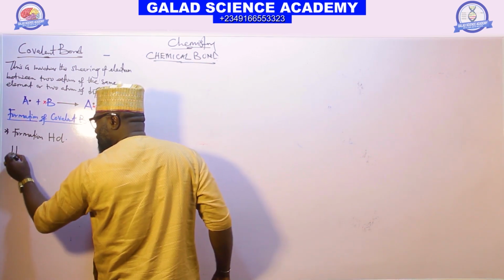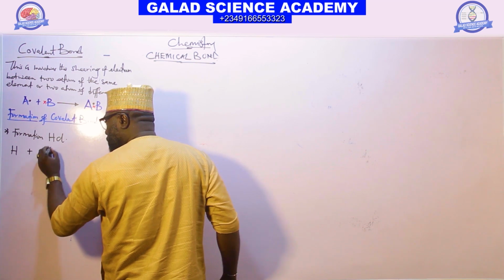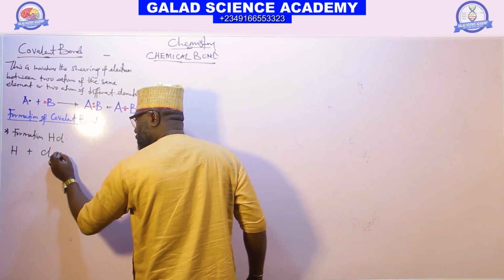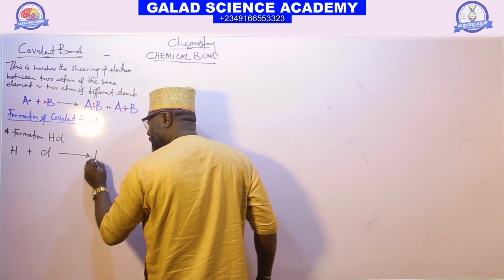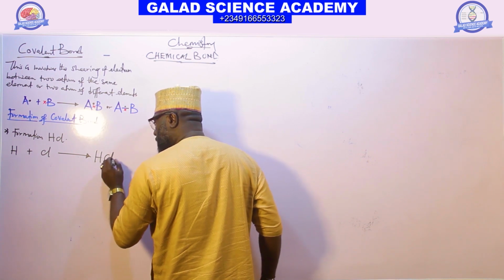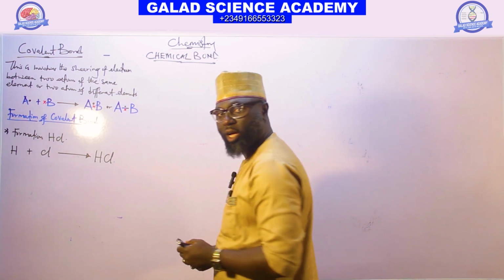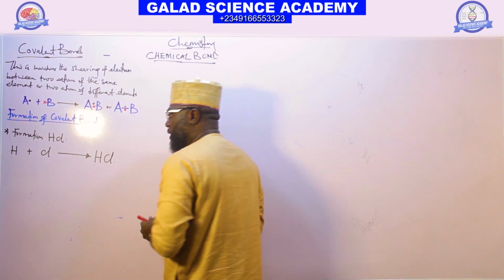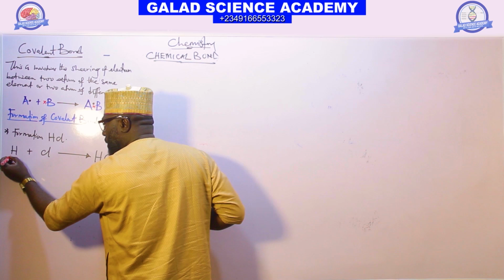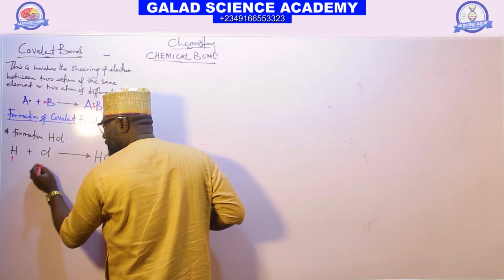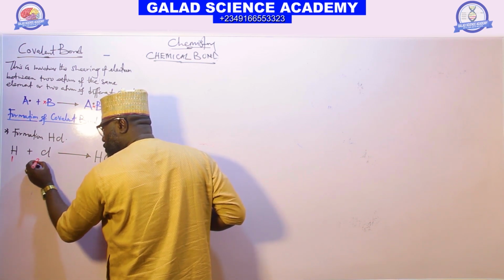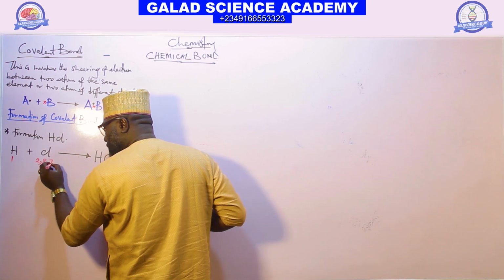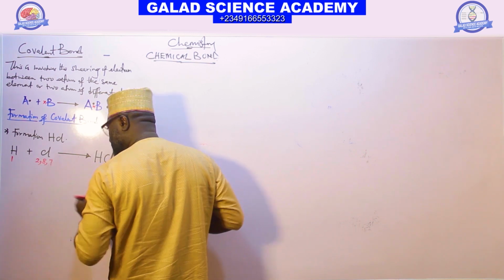If you have H reacting with chlorine to form HCl, let us look at the formation that happened there. Hydrogen is atomic number 1, so we have 1. Chlorine is 17, which is 2, 8, 7.